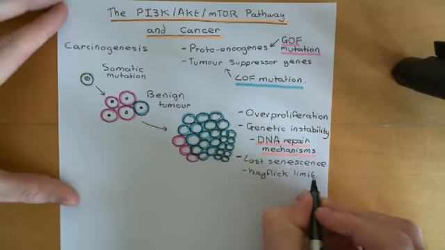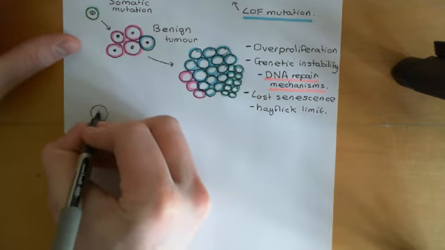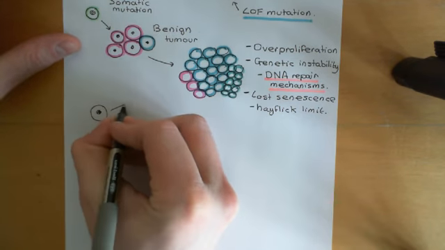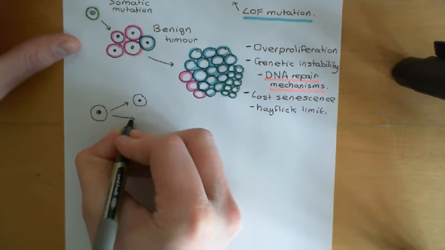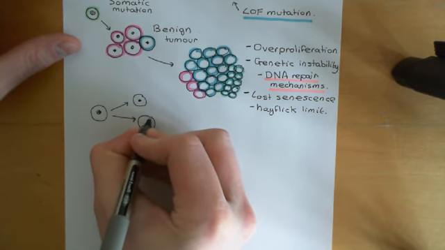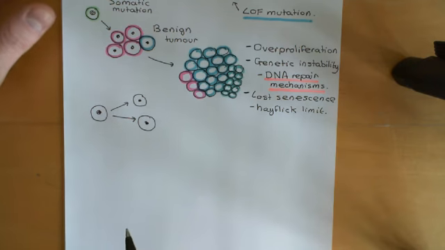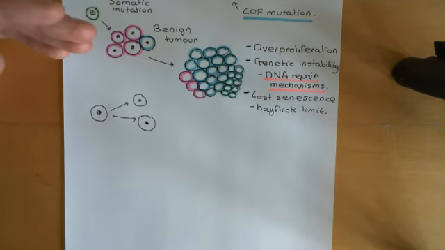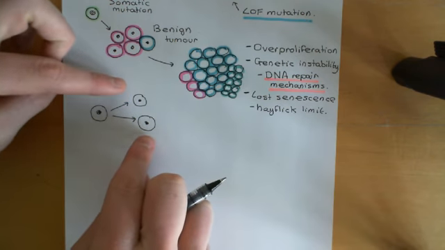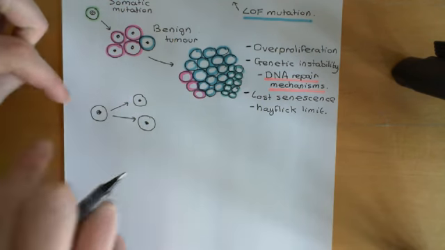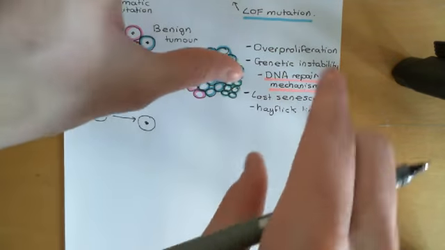And this is because every time one of these cells divides, so let me show it here. Here's this cell. Every time the cell divides, the two daughter cells that it produces have shorter telomeres. The telomeres are the portions on the ends of the chromosomes, and they gradually get shorter every time the cell divides. So the two daughter cells will now have shorter telomeres than the mother cell. Then these can divide again to produce 4 cells and then 8 cells.